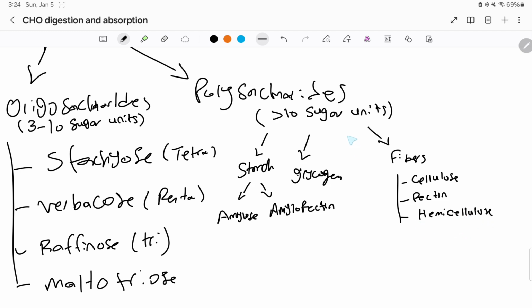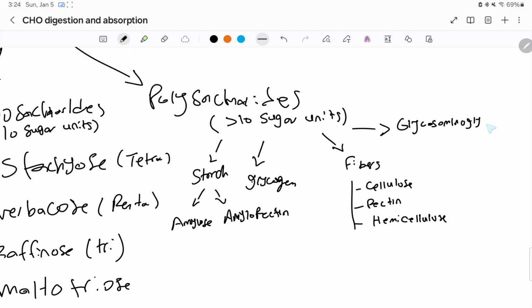And then, of course, you can also have glycosaminoglycans, which are things like chondroitin sulfate and hyaluronic acid. Chondroitin sulfate, you find a lot of it in your joints.